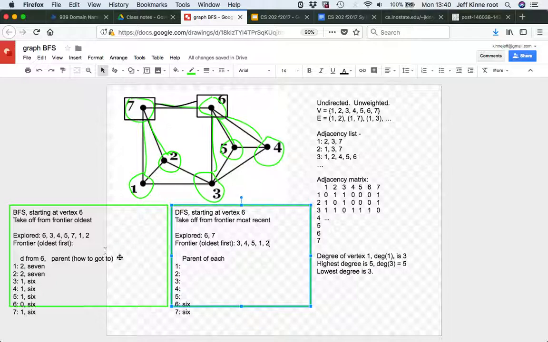With the BFS, we ended up exploring the closest edges to 6. Now we're taking off of the newest. So the most recent thing we put onto the frontier was 2. So now we're going to take 2 off. We'll put our rectangle around it.